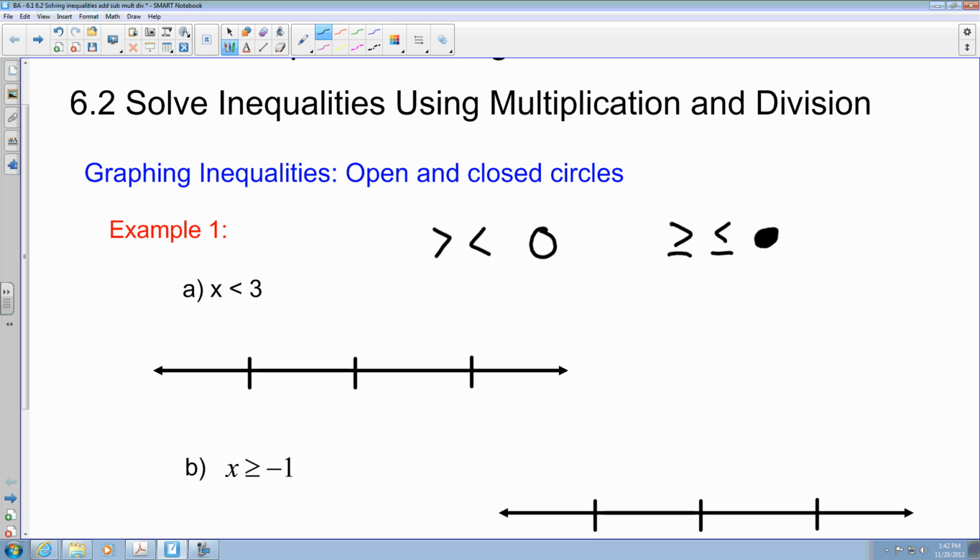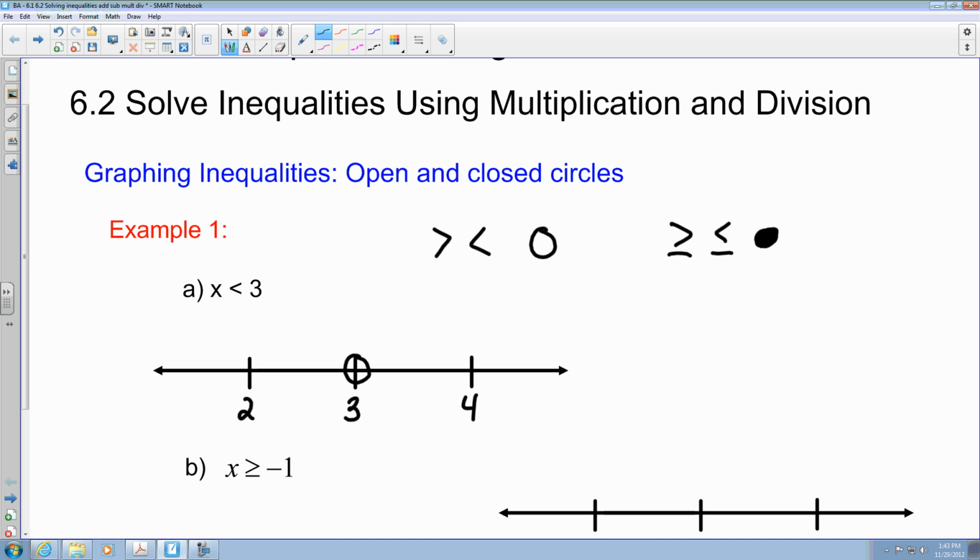And if I'm to graph x is less than 3, in this center tick, I'm going to write 3. And I'm going to write what is 1 unit larger, which is 4, and 1 unit that's smaller, which is 2. So now that I look at x is less than 3, I notice that it is a less than, so that means I have an open circle.